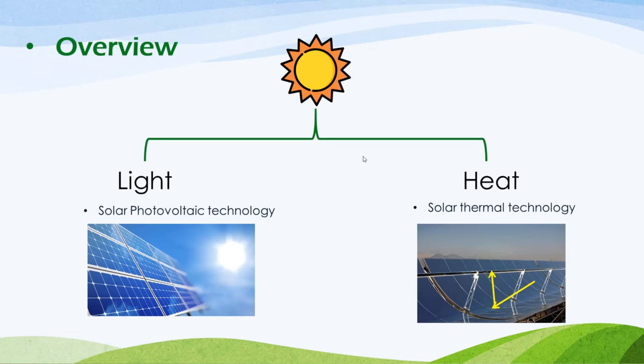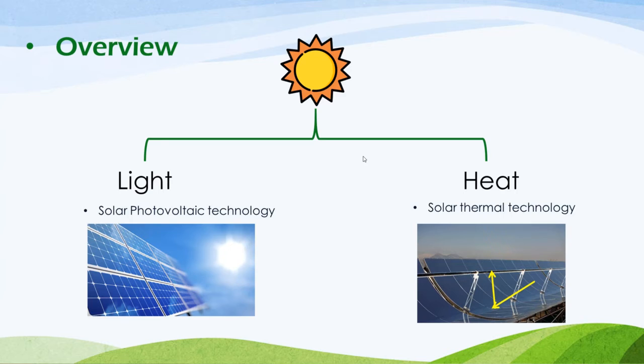The second type of solar energy is solar thermal technology. In this topology, mirrors attract the sun's energy and concentrate it. The concentrated sun rays are reflected from the mirror and fall onto tubes like this one here, and those tubes absorb the heat from the sun rays.